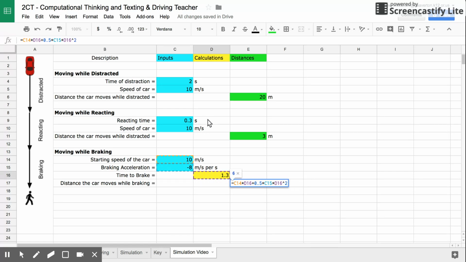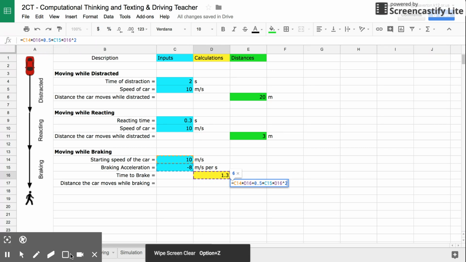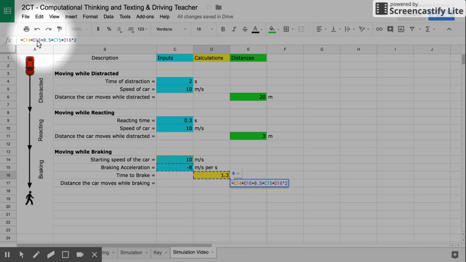Now, if we look up in the corner here, this is the best place to look as you're going in. You want to make sure that you're looking up here for where the calculation is. So C14 times D16 plus 0.5 times C15 times D16 squared.